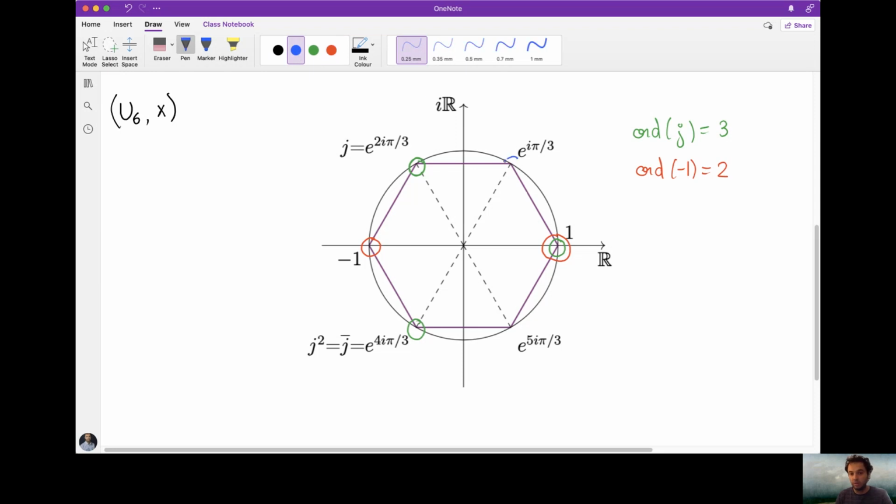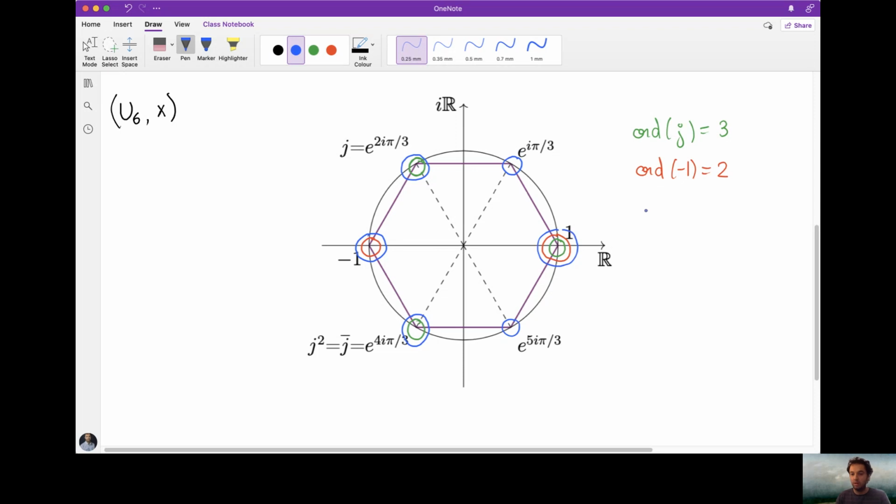Now, if you've understood how this works, it should be clear to you what the order of exponential i pi over 3 is. Why? Because if you start from here, the second element that you can generate is this one. Third one is minus 1 here. Fourth one, fifth one, sixth one, right?